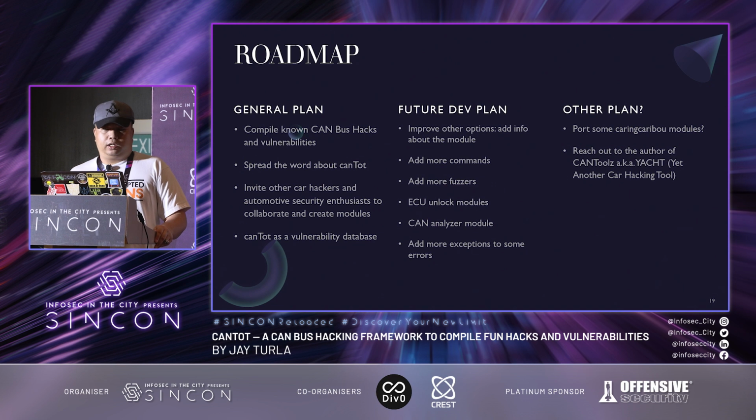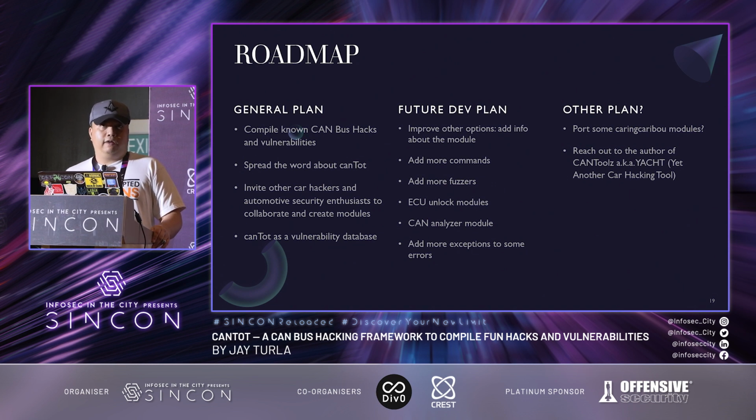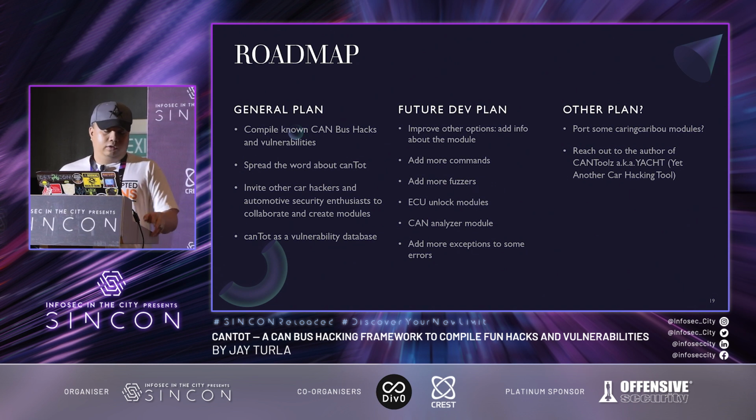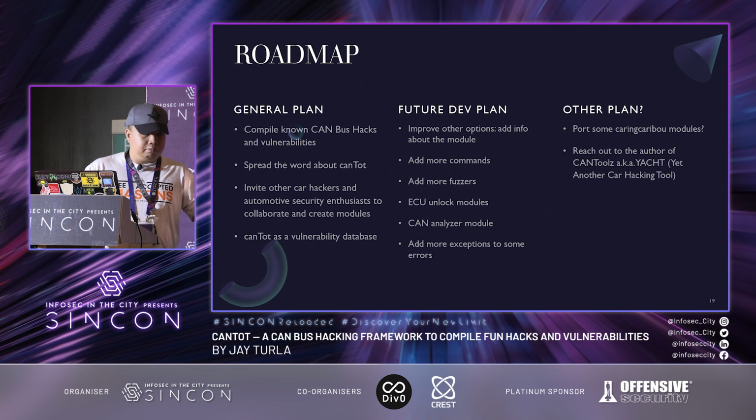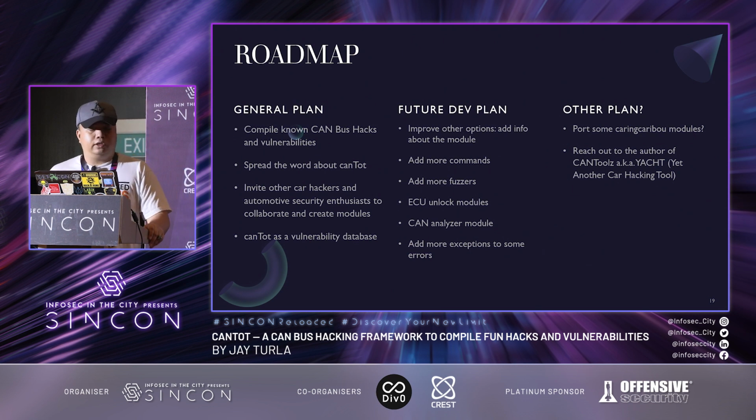But I need to have disclosure from the manufacturer, the brand of the car, that allows me to write that module. That bug is currently being triaged, so that's why I haven't released it yet.